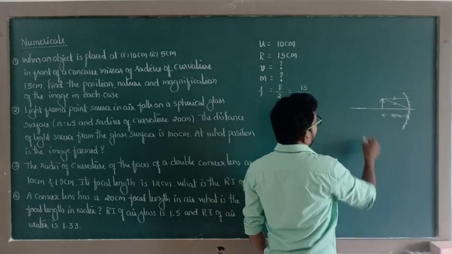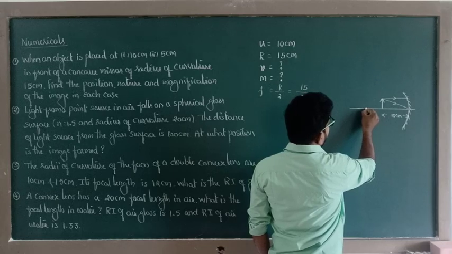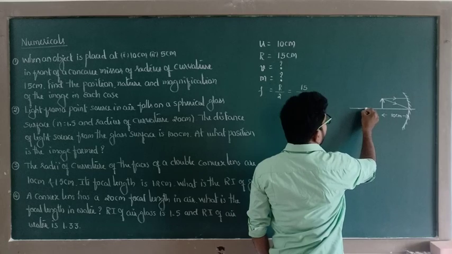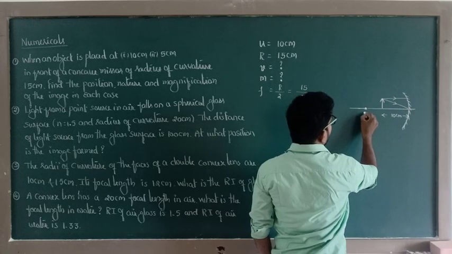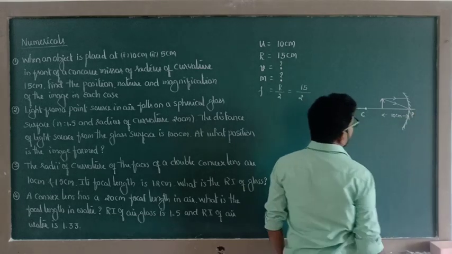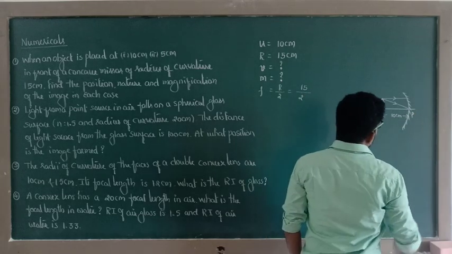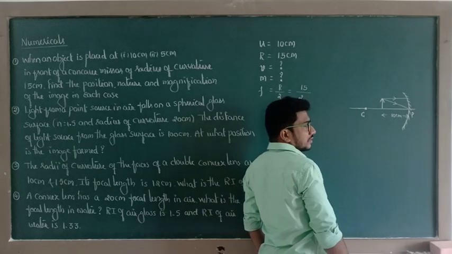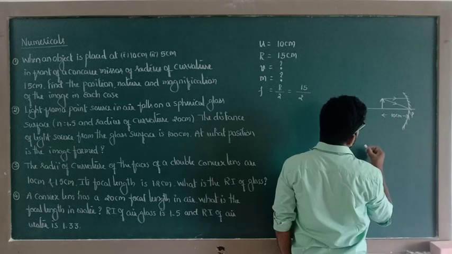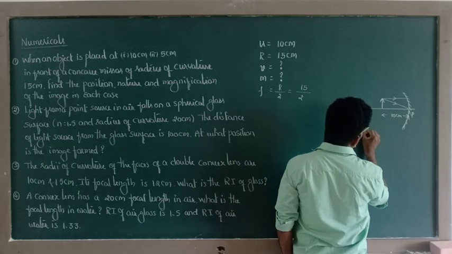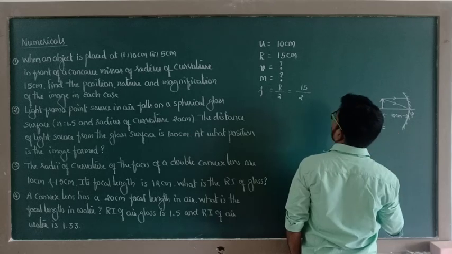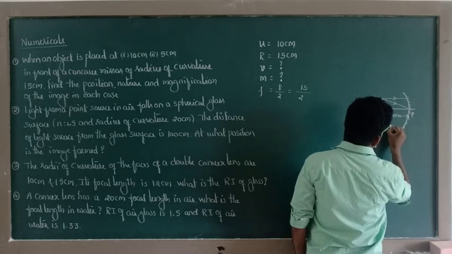Here, let this point be the center of curvature of this spherical mirror. This is the pole. The distance between pole and center of curvature is known as radius of curvature. So this radius of curvature, capital R, is equal to 15 centimeter.